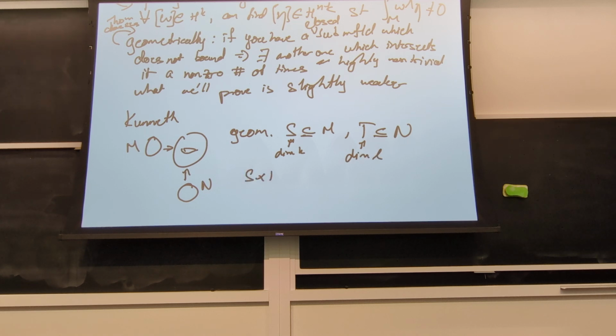Then S cross T inside M cross N is a k plus l dimensional submanifold.